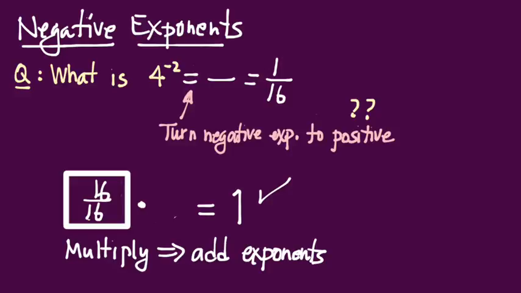Its original position, if we put an over 1 here, which we can always do, is up in the numerator. But the 16 that we get in our answer ends up in the denominator instead. So what you can take to the bank is that we can turn a negative exponent positive by moving it from the numerator to the denominator.